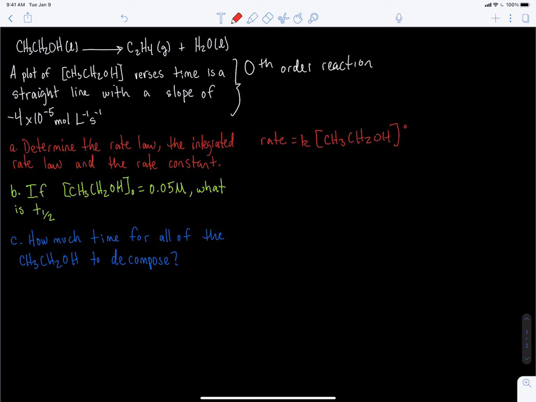But if x is equal to 0, then no matter what the number is, that's going to become 1, and so we can just get rid of that altogether. And we realize that the rate is just equal to k, which is what we expect for a 0th order reaction, because in a 0th order reaction, the rate is not dependent at all on the concentration of the reactant.